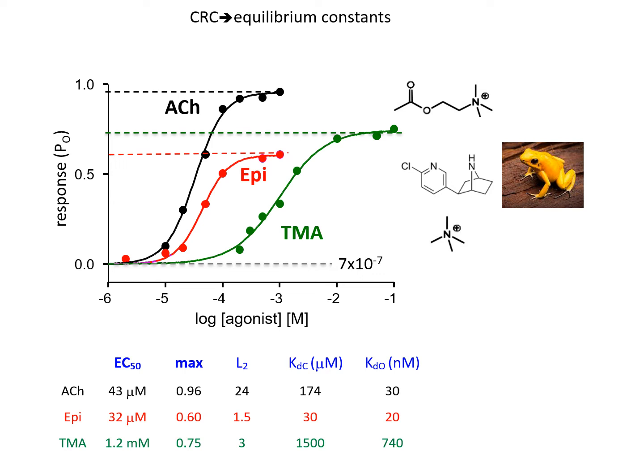So we can take the ratio of those two constants to calculate the coupling constant, and these are the values we get in factors of 1,000. That means each acetylcholine increases the gating equilibrium constant by a factor of 5,800, or if two of them together, it would be a factor of whatever that is, 34 million, above the unliganded gating equilibrium constant.